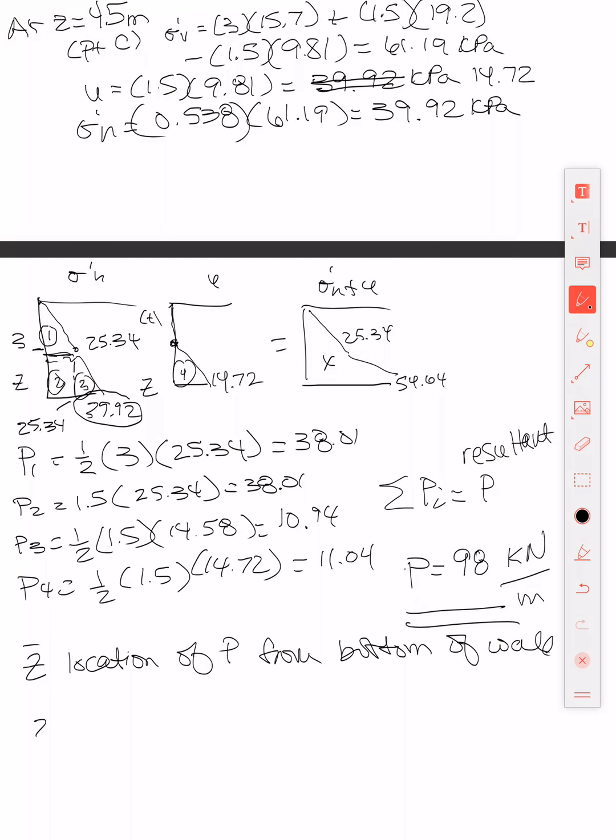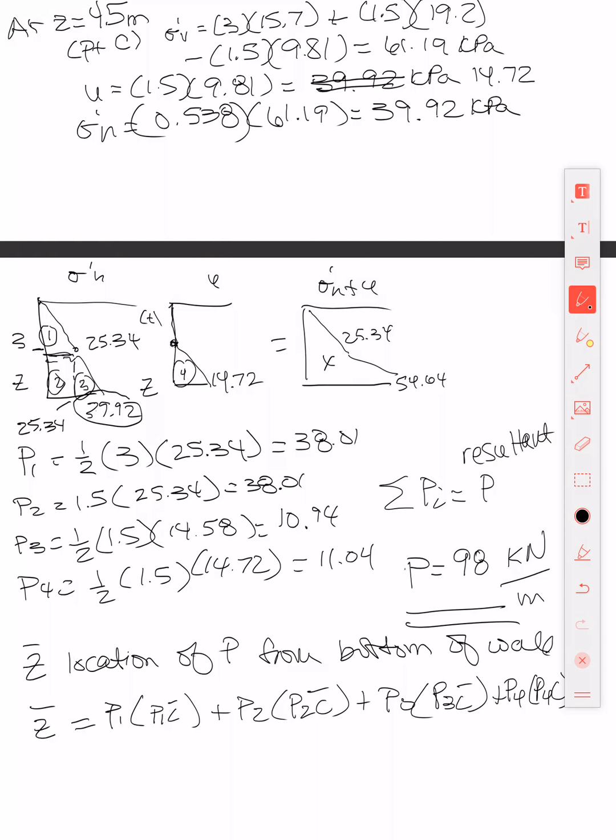And to do that, we're going to multiply each of the pressures by their location from the bottom. So P1 times P1C plus P2 times P2C plus P3 times P3C plus P4 times P4C, and divide that by the resultant.